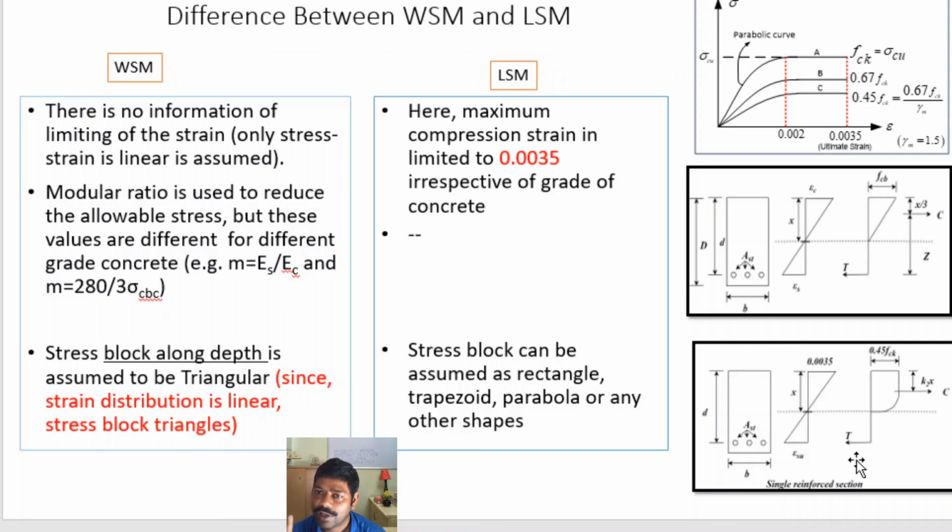Though it will not give you a 100% guarantee that the structure will not fail, the probability of failure will be low if you design using the limit state method. And here we have learned the difference between the working stress method and the limit state method, and how we can represent them through some diagrams.